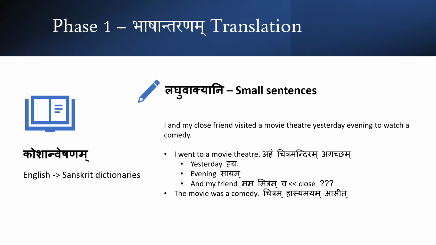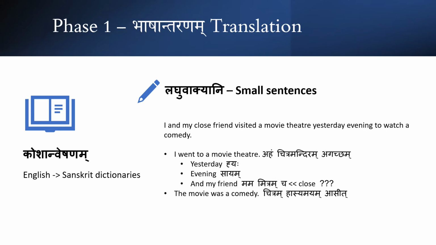Yesterday. And yesterday, when? Evening. And then with whom? My friend. I and my close friend. My friend who is also close to me. These are the different components in this sentence.